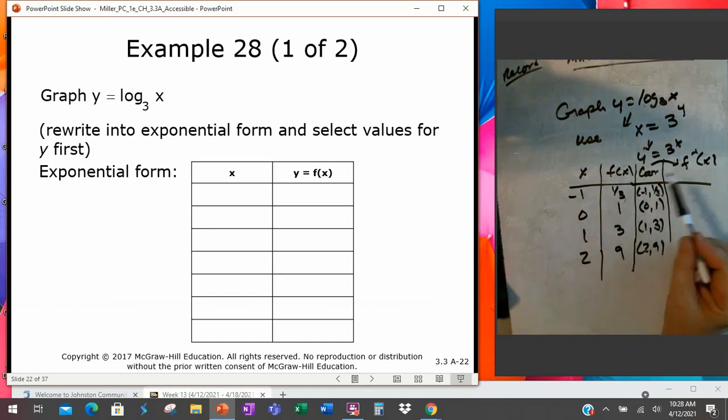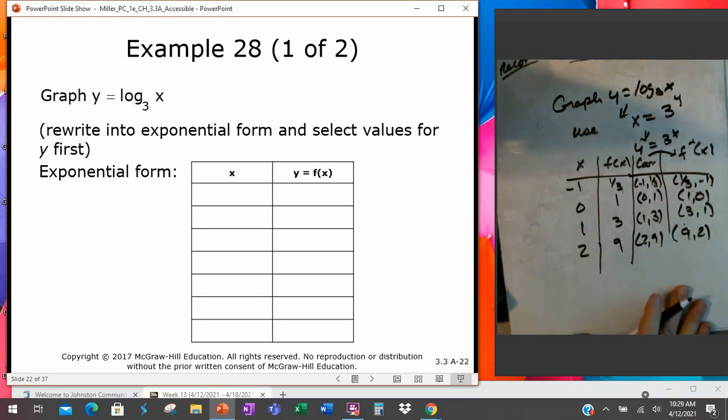For the inverse, remember all we did when we worked on graphs for inverses is just swap these two numbers. So now I've got points that I can graph for that. Swap these two. Swap these two. And swap those two. Okay.